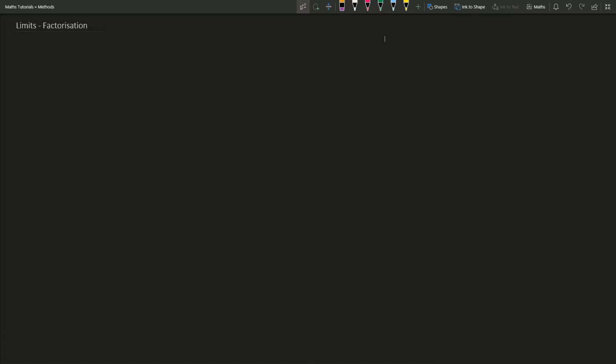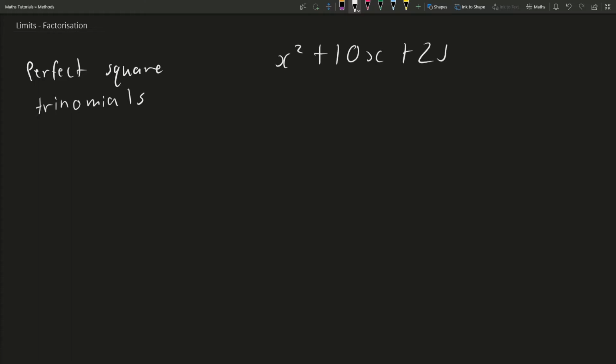One of the last factorization methods that we'll be covering is perfect square trinomials. So let's say we have x squared plus 10x plus 25.